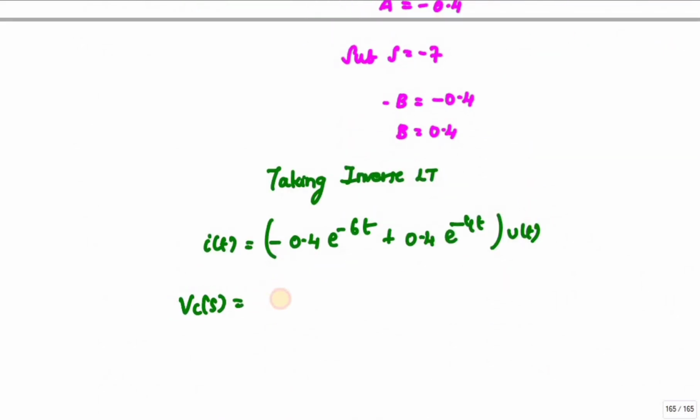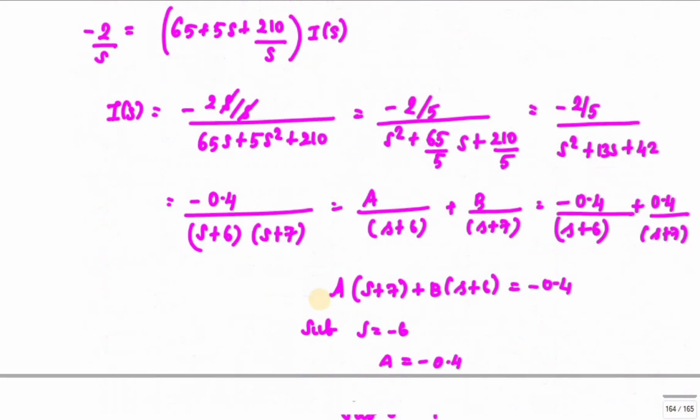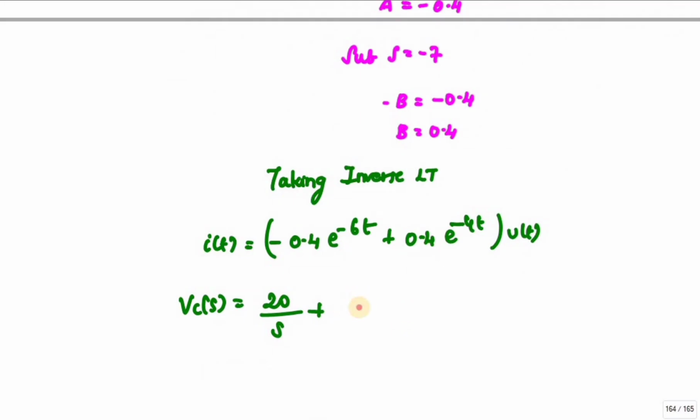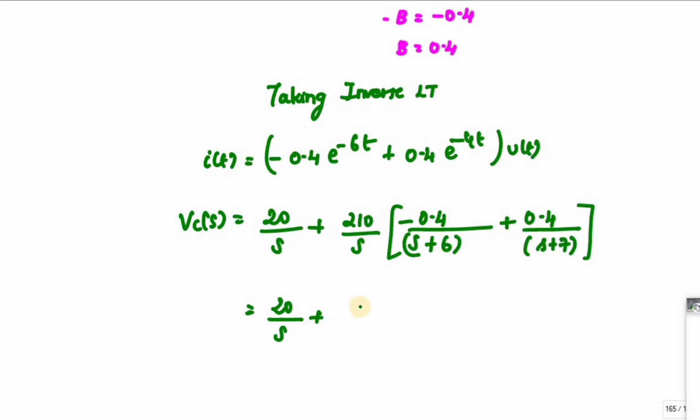So I can write Vc(s) is equal to 20 divided by s plus 210 divided by s into, instead of I(s), I'm going to substitute minus 0.4 divided by s plus 6 plus 0.4 divided by s plus 7. So now I'm going to solve this equation: 20 divided by s plus minus 84 divided by s into s plus 6 plus 84 divided by s into s plus 7.